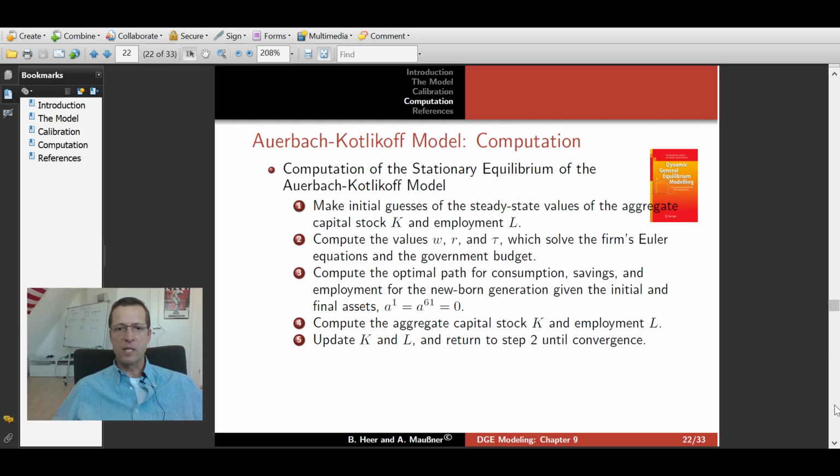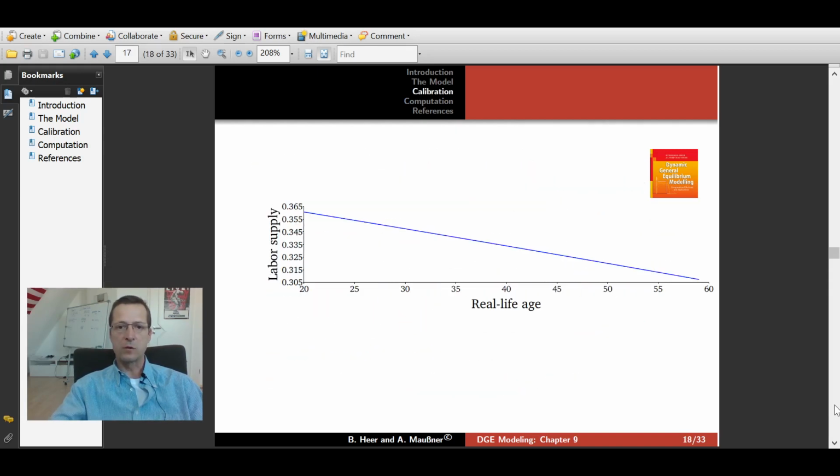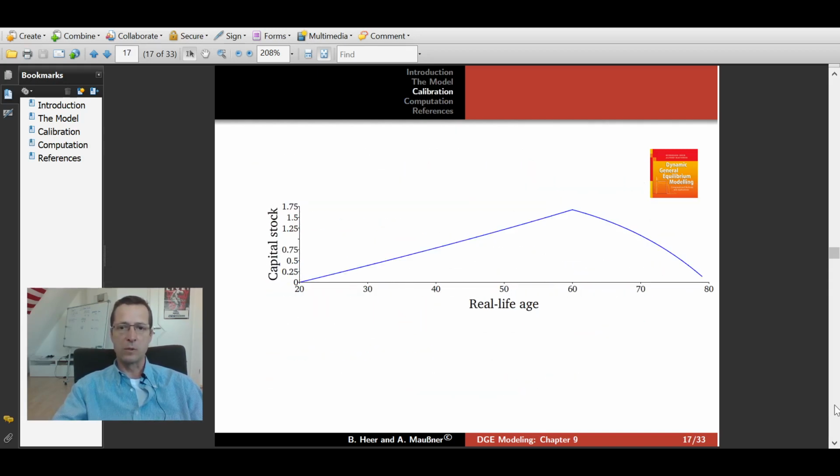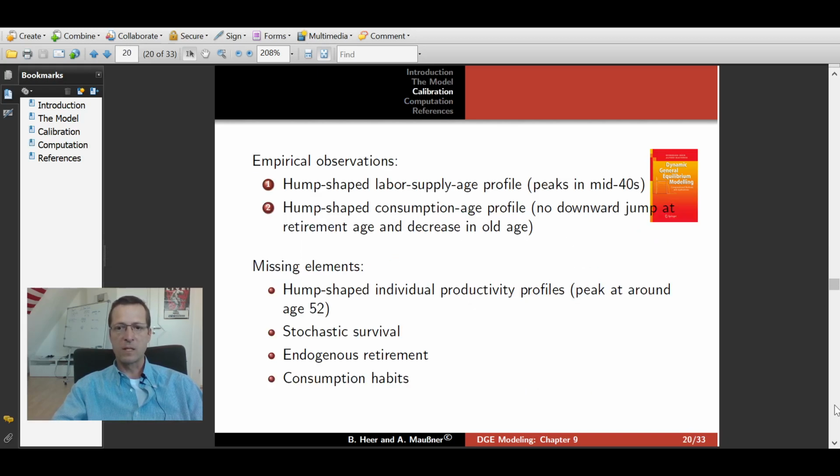In step 3, we get to the tricky problem of this algorithm: to compute the optimal policy functions, the optimal wealth profiles and labor supply profiles and consumption profiles of the household that you just got to know here. We want to compute these profiles. That's the tricky part.